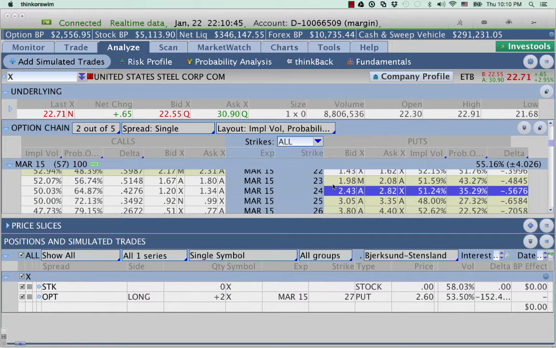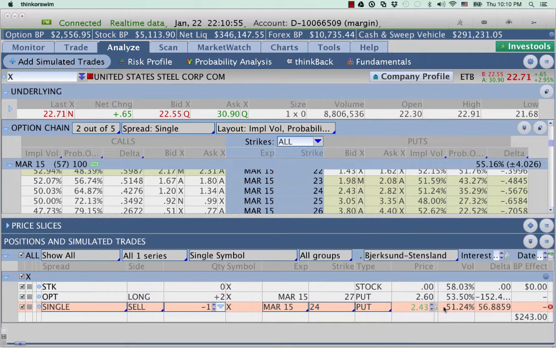Here are $24 puts, which I could probably sell between the bid-ask spread for about $2.60. So I'm going to put in an order to sell those for $2.60. And if I can collect $2.60 for my $24 options, I've now officially pocketed what I put into the trade. So I have, in essence, a risk-free trade.